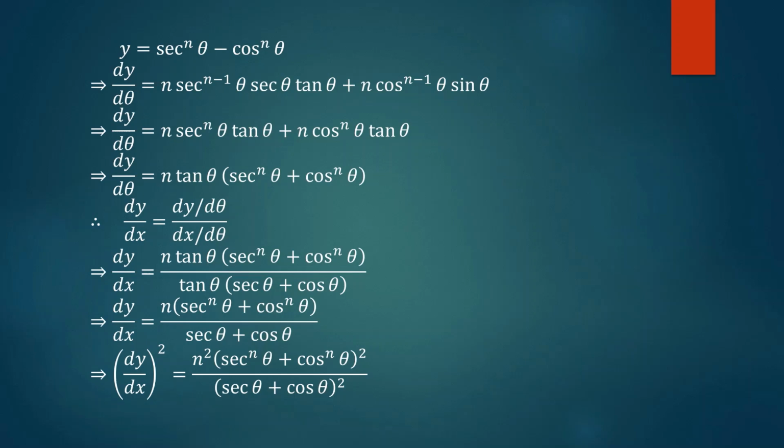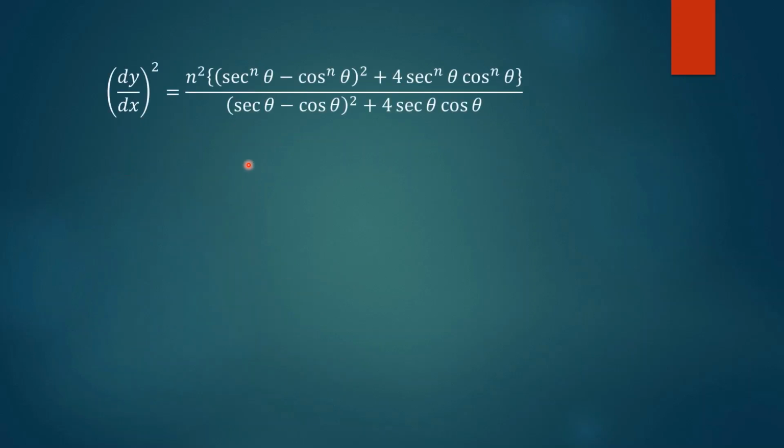So see the next screen. This one, n square remaining same. So it is a minus b whole square plus 4ab. Is it not? And here also a minus b whole square plus 4ab. And just I told you that this term can be replaced by y and this term can be replaced by x. So we replace those two values here very sincerely.